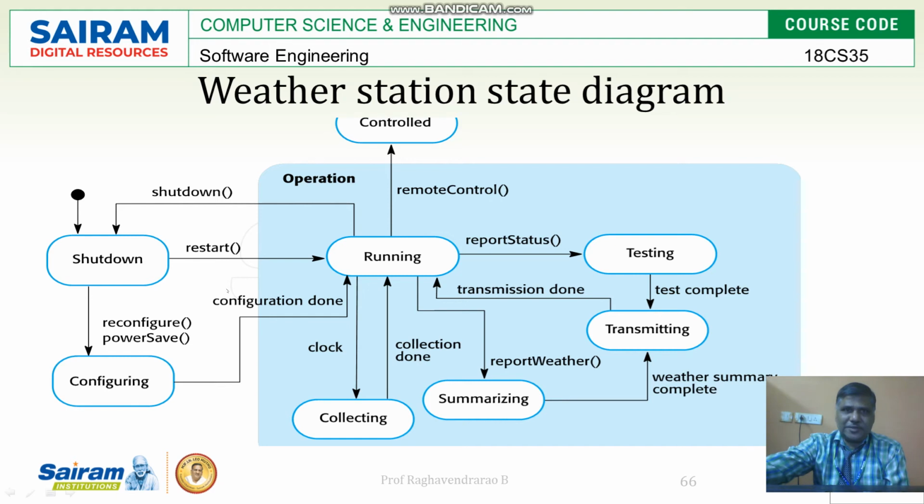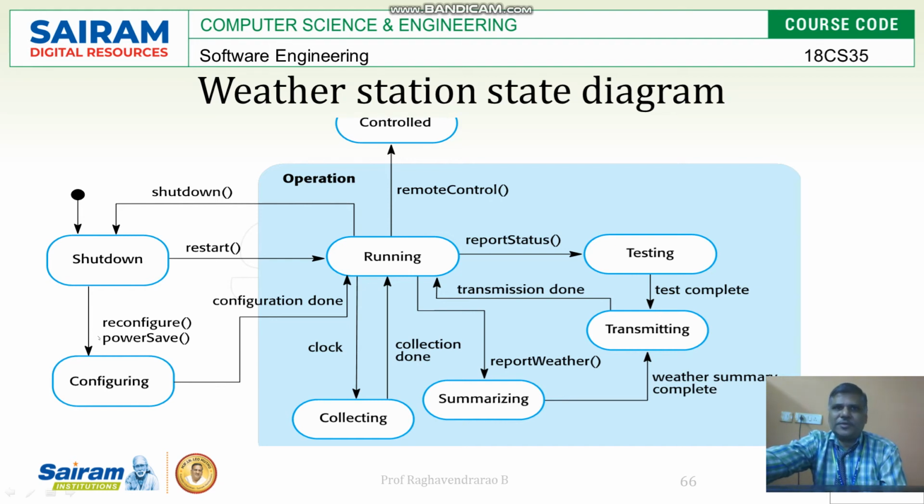One thing you should observe here: only one of these is there, that is the filled circle. State diagrams show the status of that particular function. The example here is taken as shutdown. Shutdown is activated.